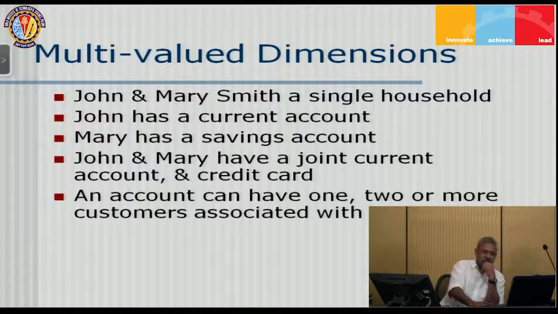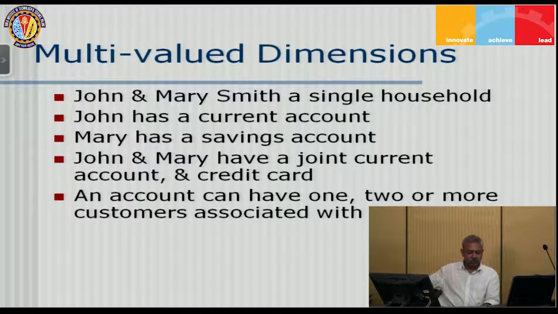So let me give you a situation. This is related to a bank case study, which will come immediately after I complete this particular submodule. The situation is like this. There are accounts in a bank, and banks basically target households rather than individuals.